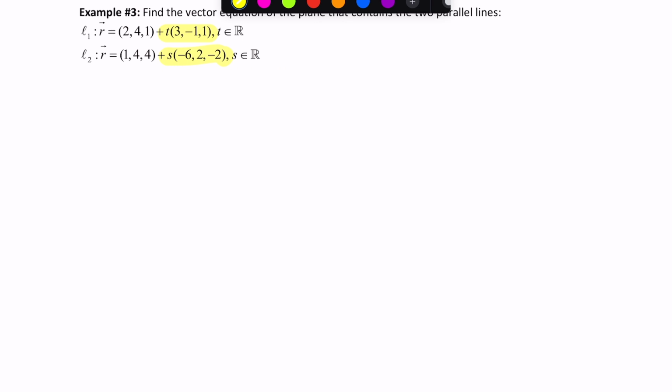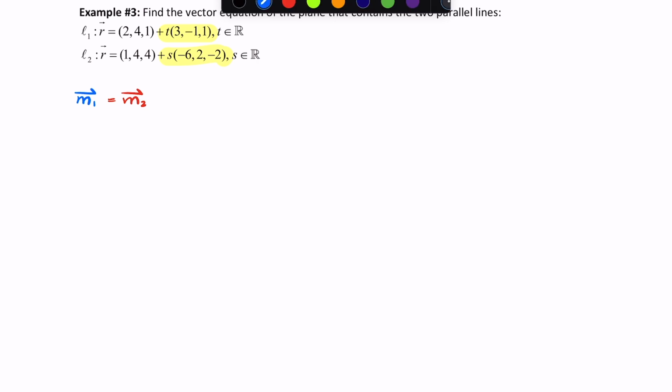So here we see that the direction vector of line number 1, vector m1, will be equal to the direction vector of the second line, vector m2.